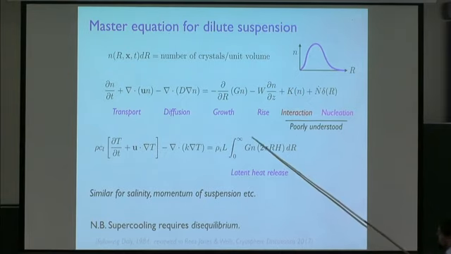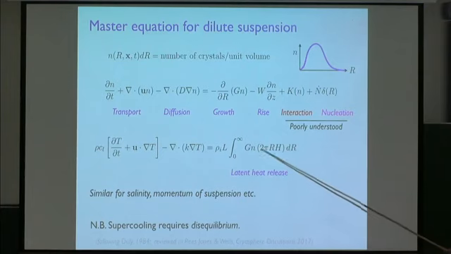This can be put together by summing over the growth of all of these different crystals and accounting for the change in the geometry as they grow, how the mass changes, and how much latent heat they release. So the way I've formulated this, I've embedded an implicit assumption that the main thing that is changing is the radius of the crystal, so everything can be characterized in terms of that.